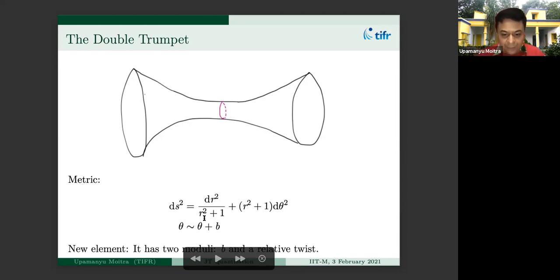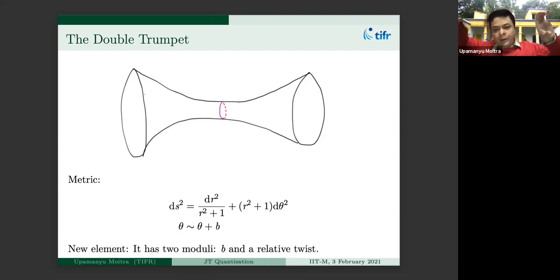The new element is that it has two moduli: the size of this circle b, and a relative twist, which you can imagine as the two boundaries being twisted relative to one another. These are the two moduli that we have to sum over as well.